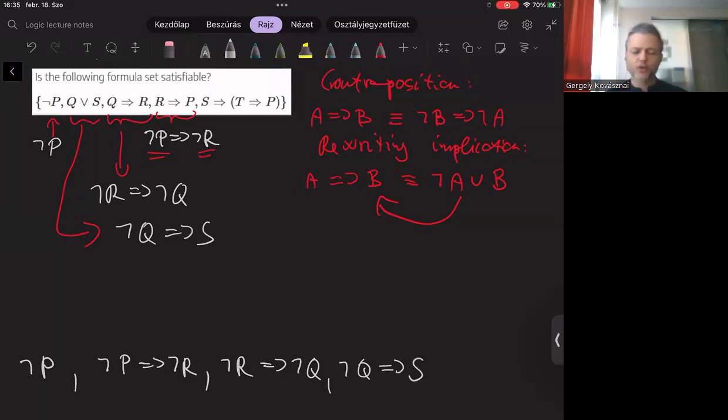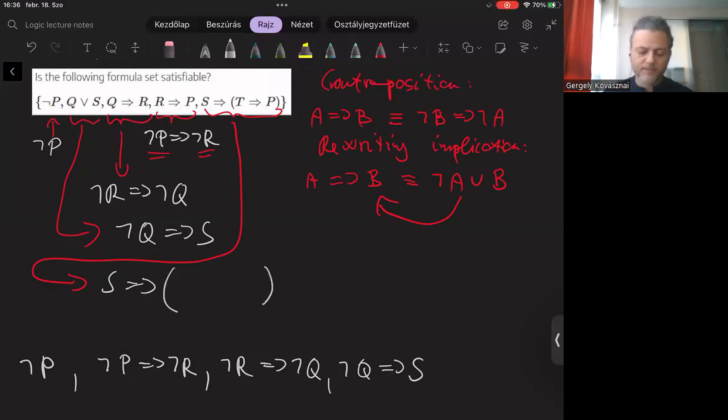This is a very nice chain of deduction here at the bottom. Okay, now it's time to deal with the largest formula here. Here the first part is completely all right, because I know that S must be true, so I'm implying from this fact to another fact.